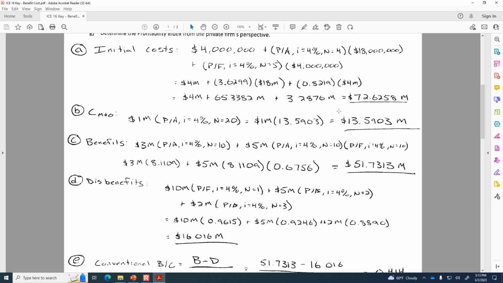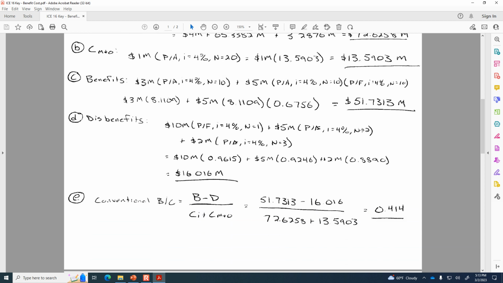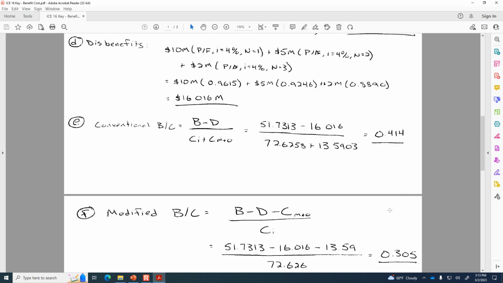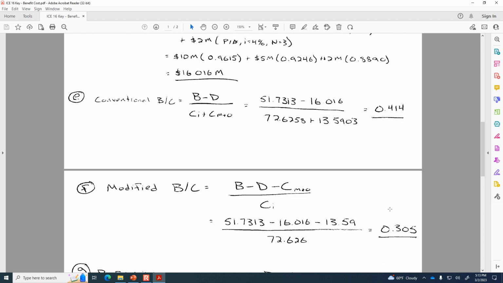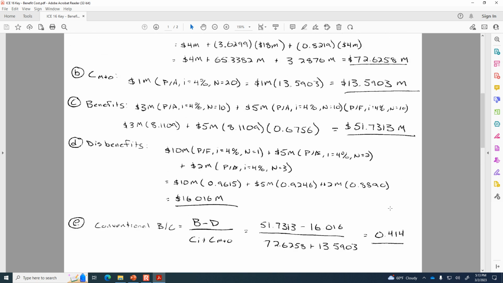And I think it's good practice to use the present worth method and just break down a cash flow diagram and think about what are the solution steps to get everything to the present. But then when you do that, what you should get is that the conventional B/C is 0.414 and the modified B/C should be 0.305. So like I say, I'll email you that just so that as you continue your calculations and check them, you can make sure that you've got the right numbers.